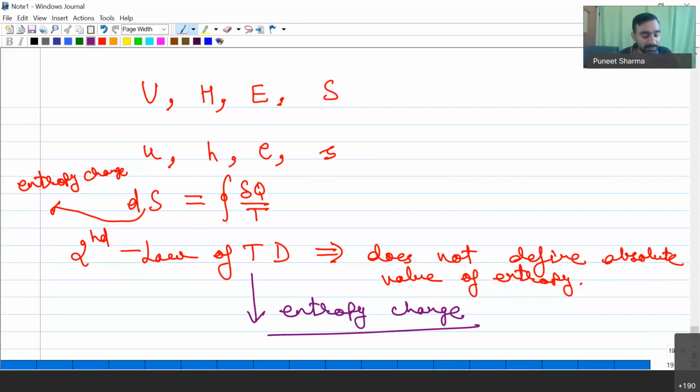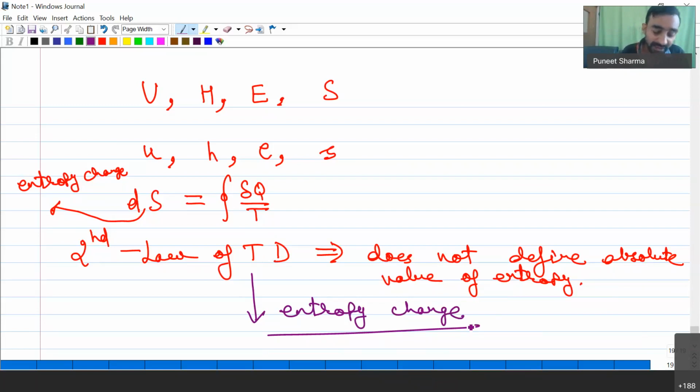Okay, so from the second law of thermodynamics, we have come to know about one very, very important property which we call the entropy of the system, and for this entropy we are not defining the absolute value, rather we are defining the entropy change between two thermodynamic states.